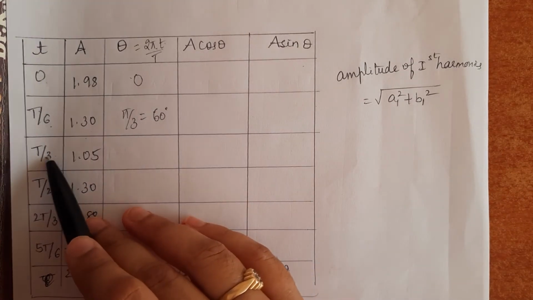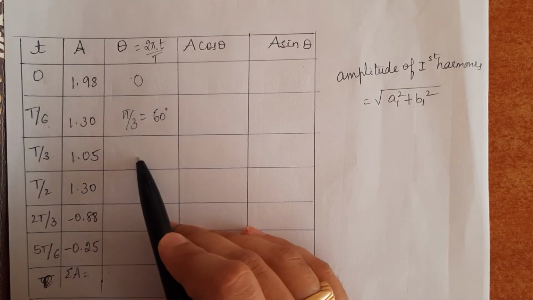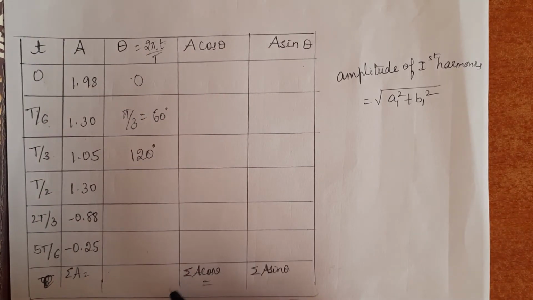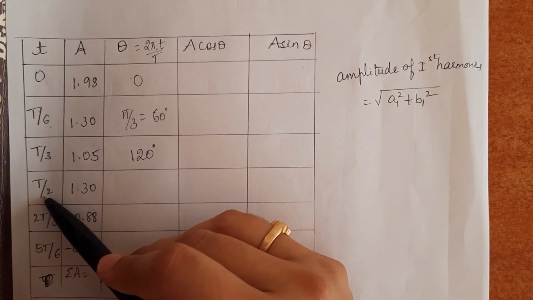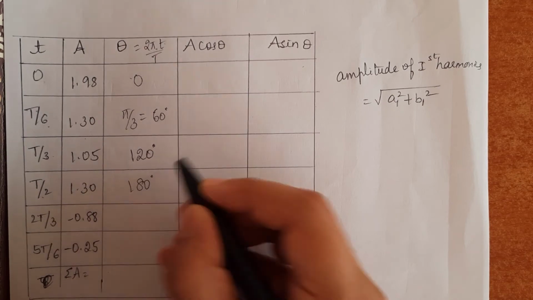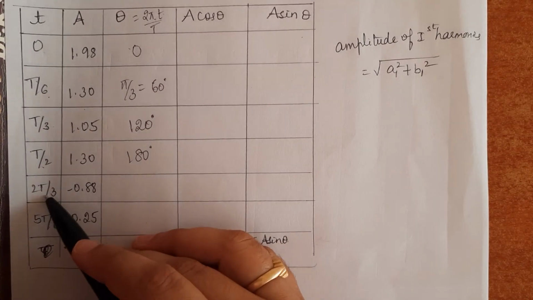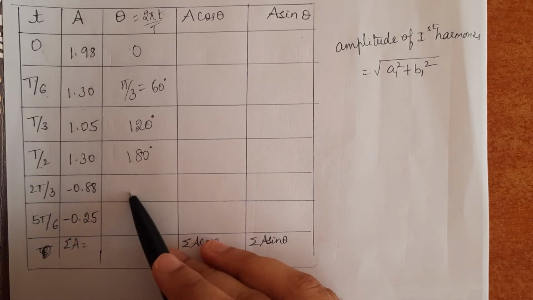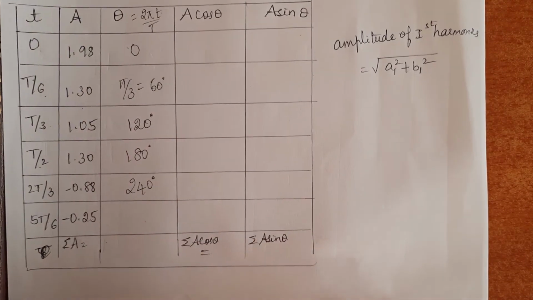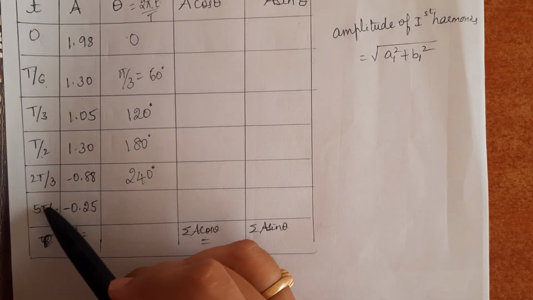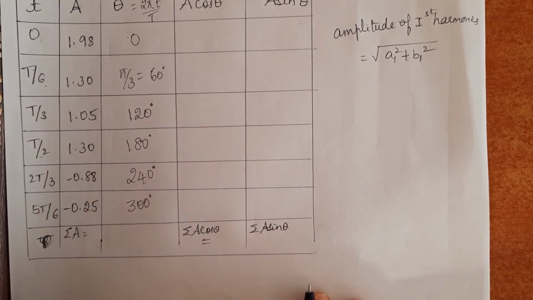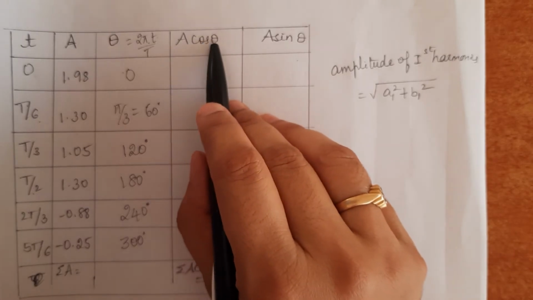When small t takes the value capital T by 3, my theta value will be 120 degree or 2 pi by 3. Then when small t takes the value T by 2, my theta value will be pi or 180 degree. When small t takes the value 2T by 3, my theta value will be 240 degree or 4 pi by 3. When small t takes the value 5T by 6, my theta value will be 300 degree. And you know how to calculate A into cos theta.